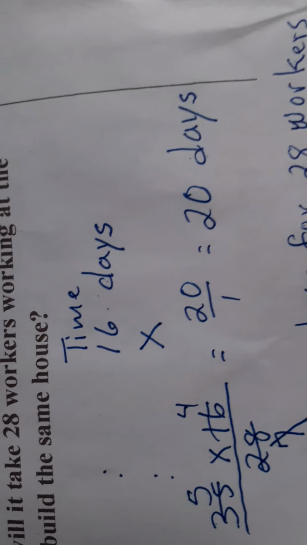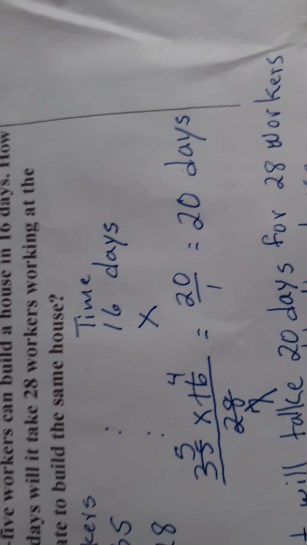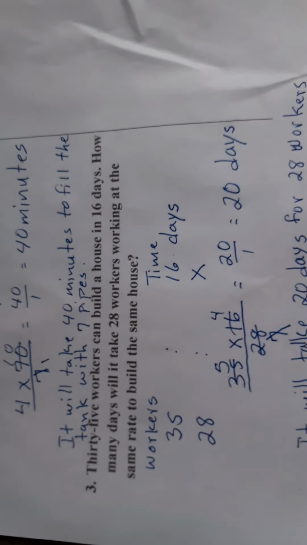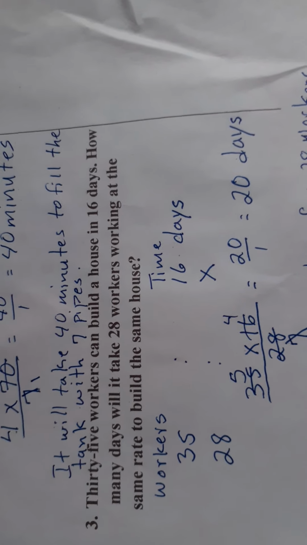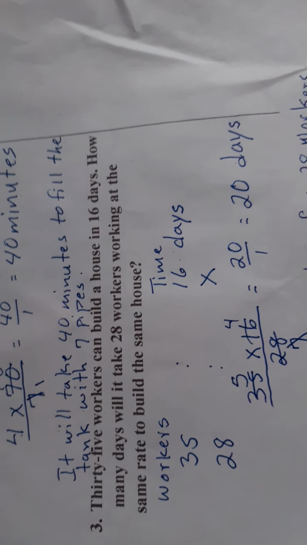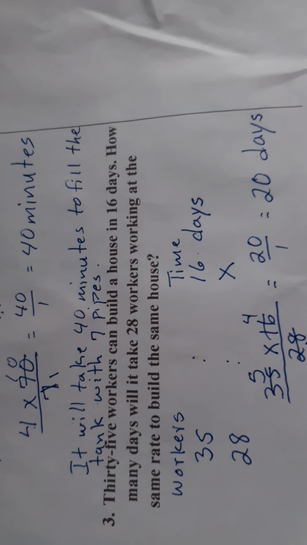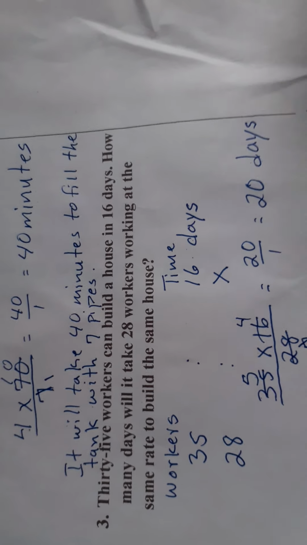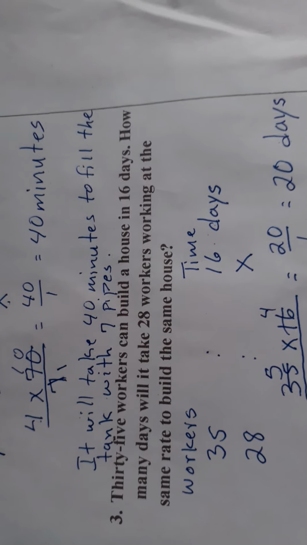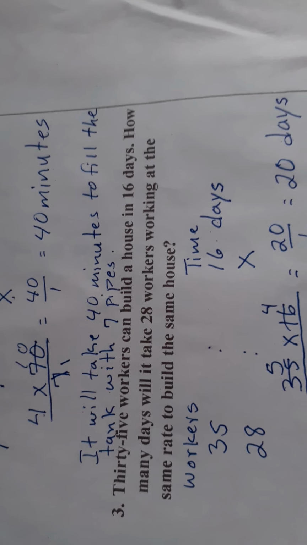Okay, boys and girls, I hope that you have understood what is inverse proportion and how do we know when it is direct and when it is inverse. When it is inverse, it is talking about something or someone doing a kind of work at a certain time. So it has three things.